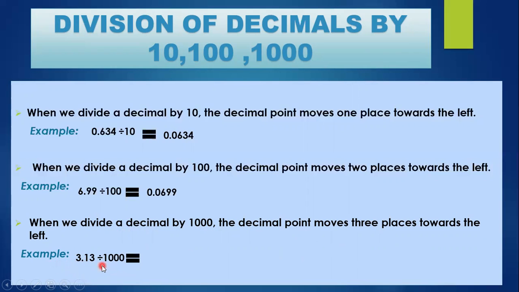When we move 3 places towards the left, there is only 1 digit, so we have to insert 2 zeros here. So you will get the answer 0.00313. Got it? There are 3 zeros in 1000, so we have to move this decimal point 3 places.